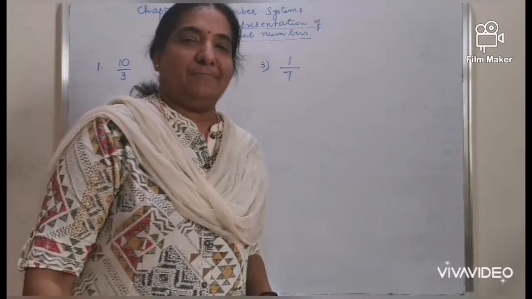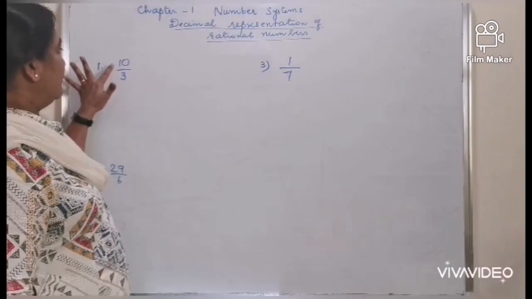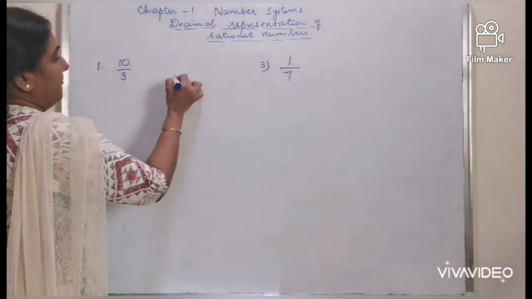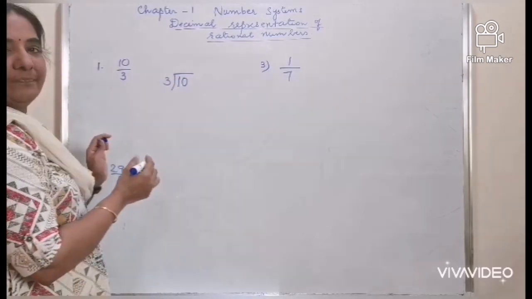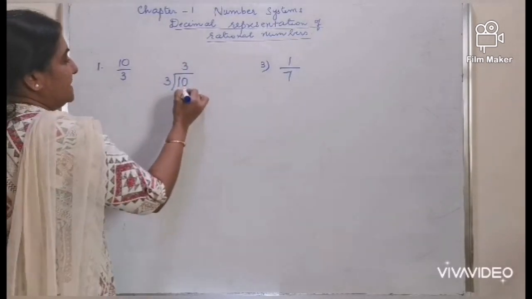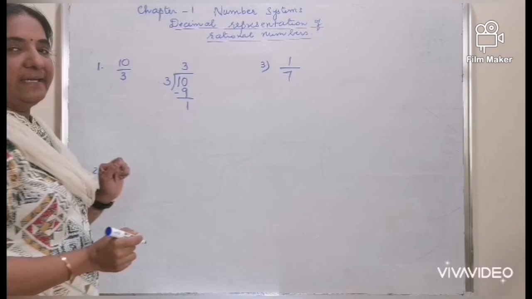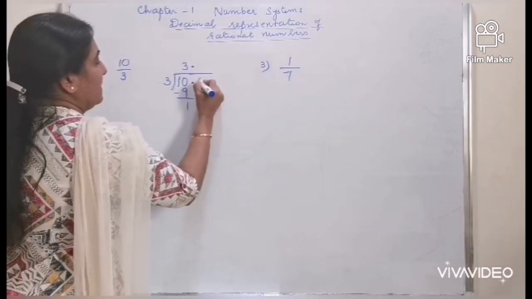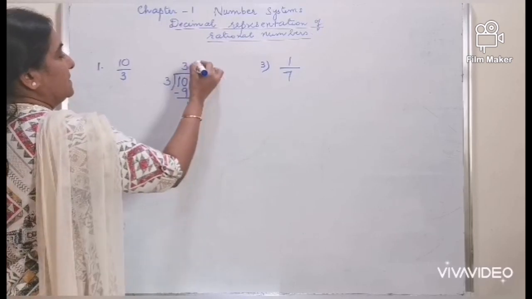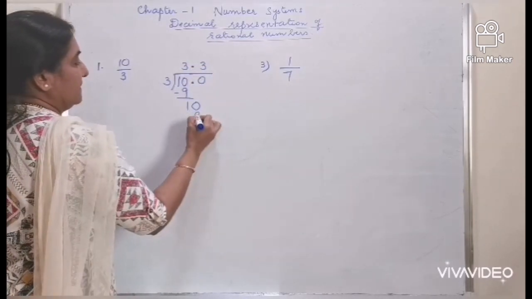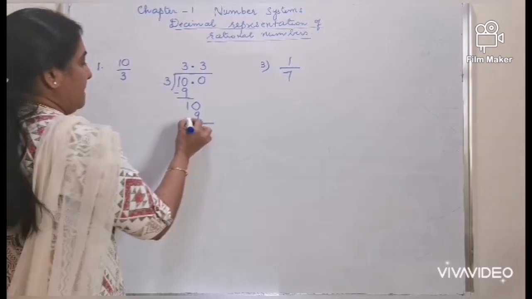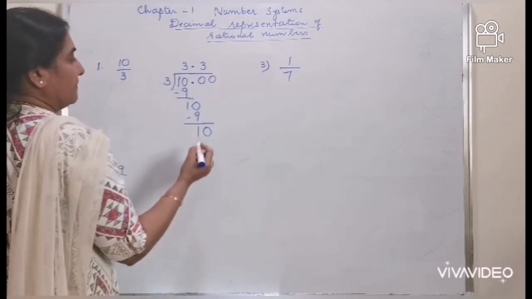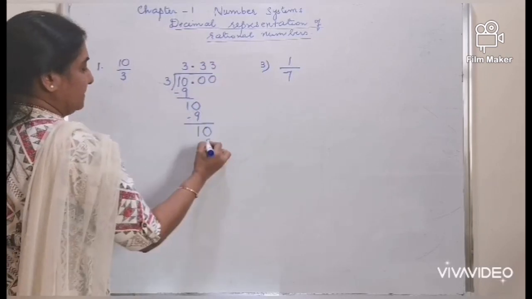Consider these examples. 10 by 3. 10 divided by 3. 3 3s are 9. 10 minus 9 is 1. The decimal representation. 3 3s are 9. 10 minus 9, again 10. 3 3s are 9.